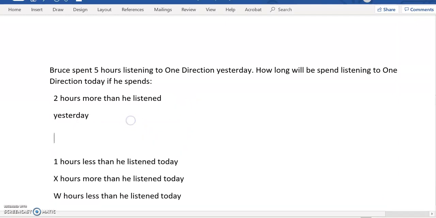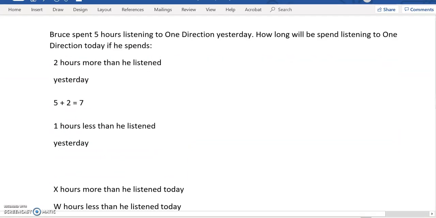If he listened to 2 hours more than he listened to yesterday, well, he listened to 5 yesterday. It's going to be 5 plus 2, which equals 7. The second one, 1 hour less than he listened to yesterday. It's going to be 5 hours yesterday minus 1, which equals 6.